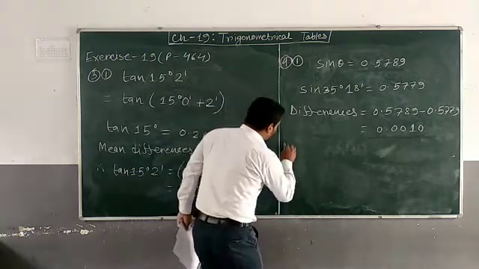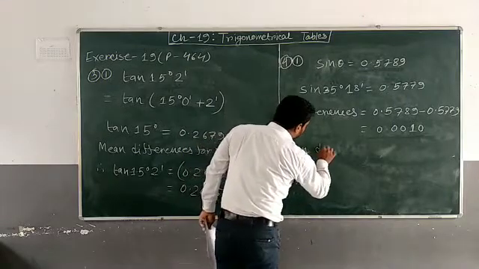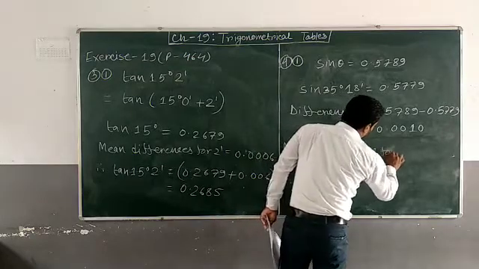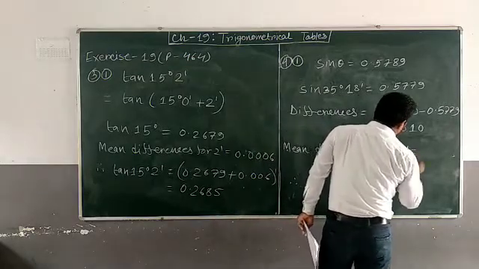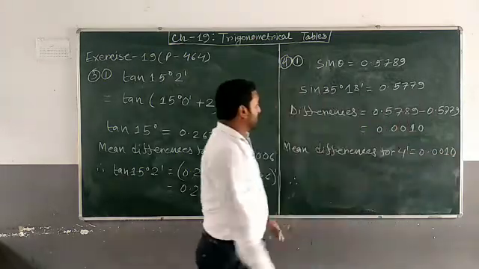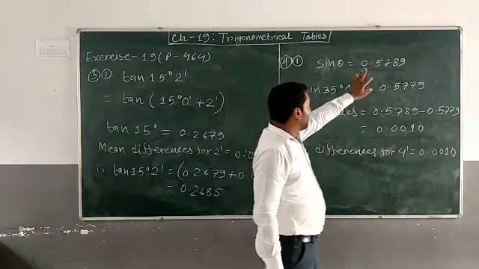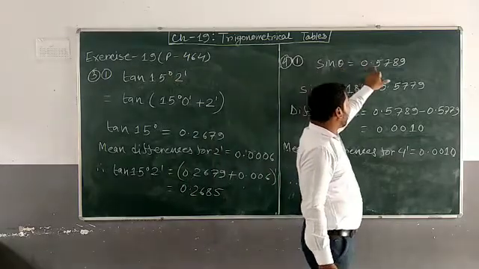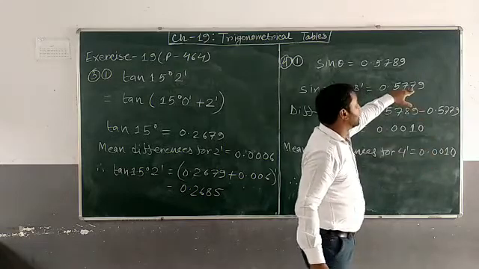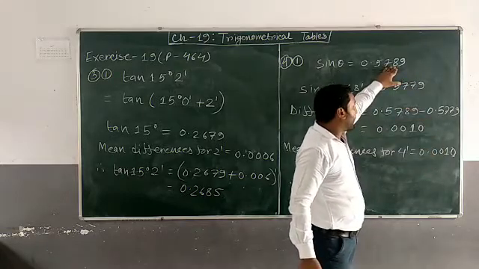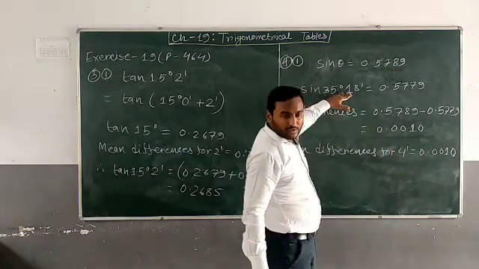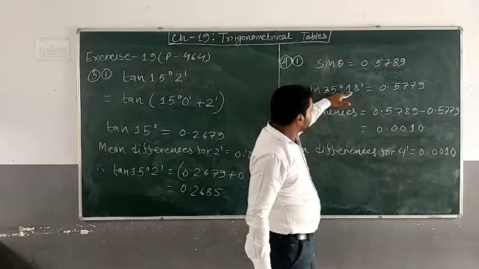So the mean difference for 4 minutes is equal to 0.0010. This is sine theta. We have to find the angle theta for 0.5789. So this value will be added to this one, then it will become 0.5789. So the angle also will be added, because for sine they are directly proportional.